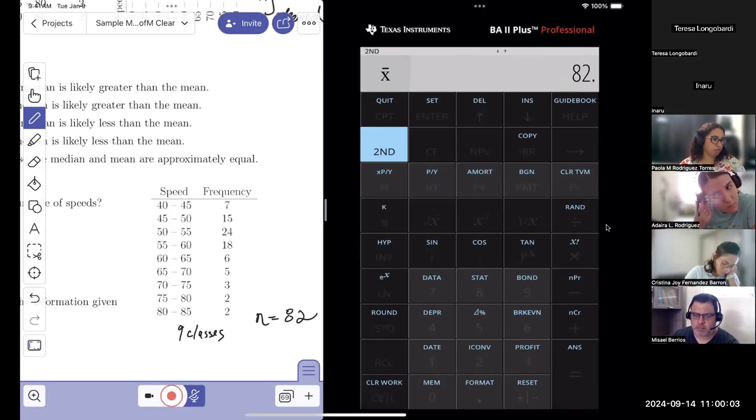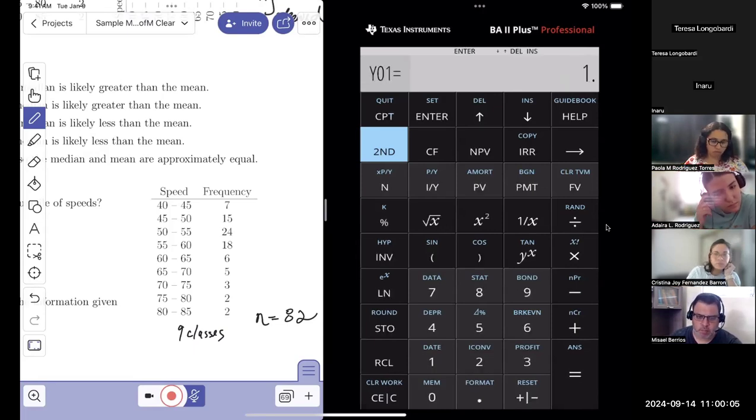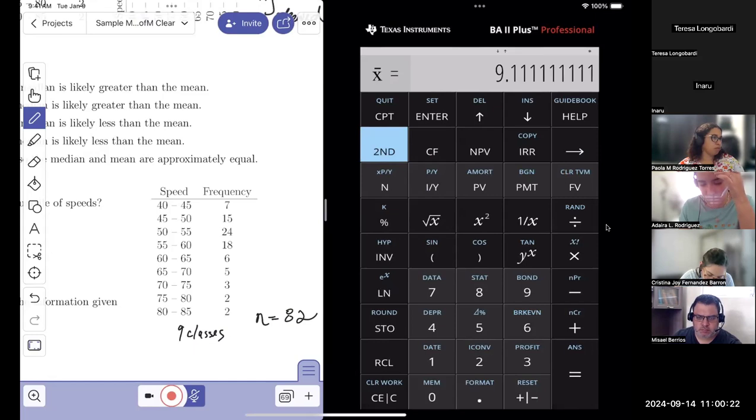Let me look at my data again: 7, 15, 24, 18, 6, 5, 3, 2, 2. If you want me to show you what I just did, let me know. So that's sample size 9. This is the mean, and then I multiply by how many classes I added together. So that's a total of 82.